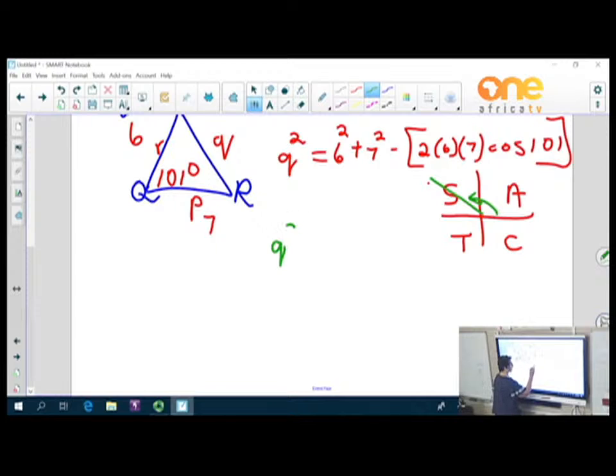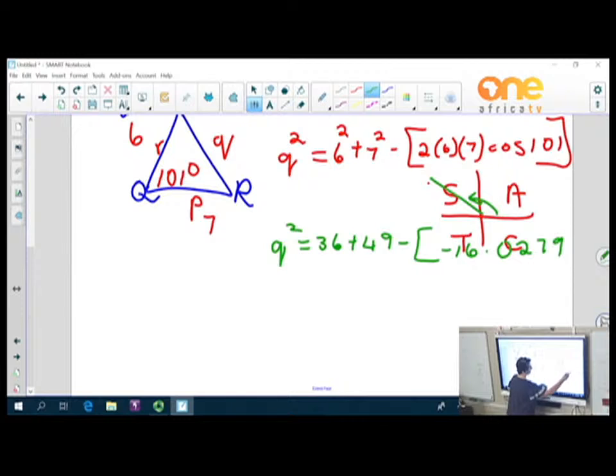So Q squared is then equal to 36 plus 49. Now, let's get that value in that bracket. So it is 2 times 6 times 7 cosine 101. And I got negative 16.0279.